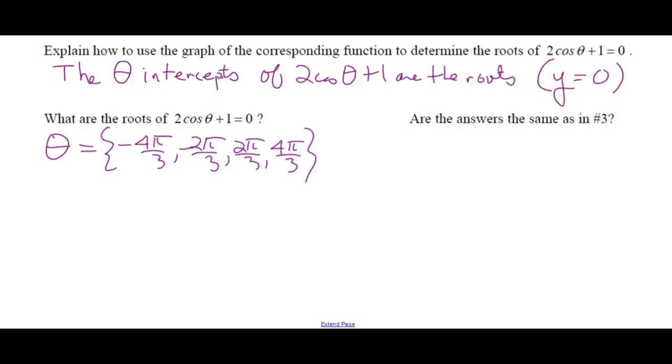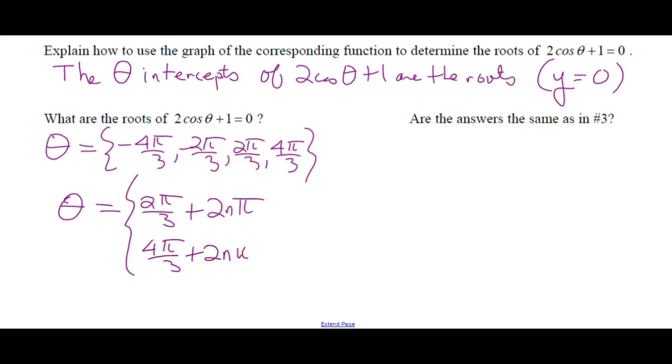So the visible roots are, okay, so let's list that and then say, the roots are theta is equal to 2 pi over 3 plus 2n pi and 4 pi over 3 plus 2n pi, where n belongs to the integers.